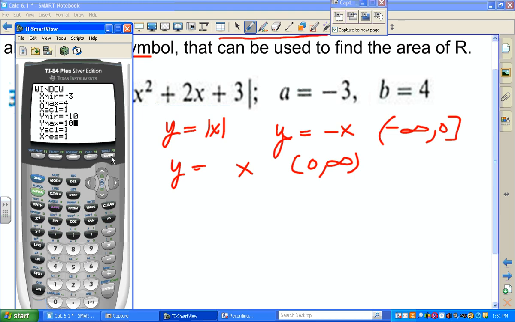Then we can discuss it once we get our picture. Whoa. What happens if I take out the absolute value? Second, insert. What's the opposite?